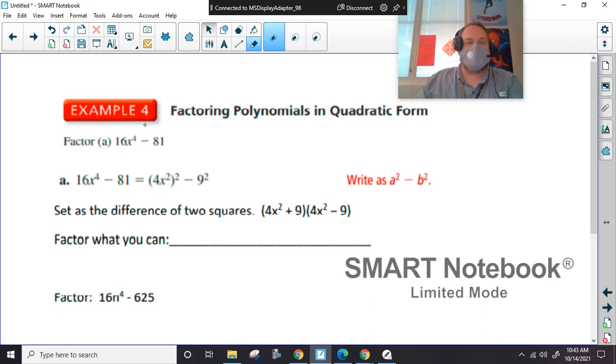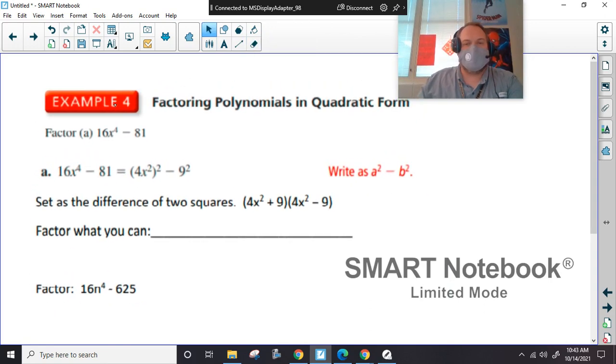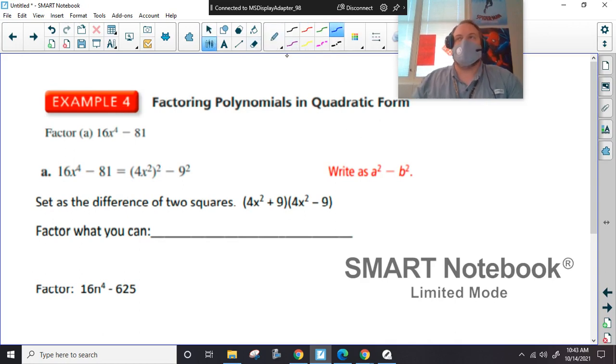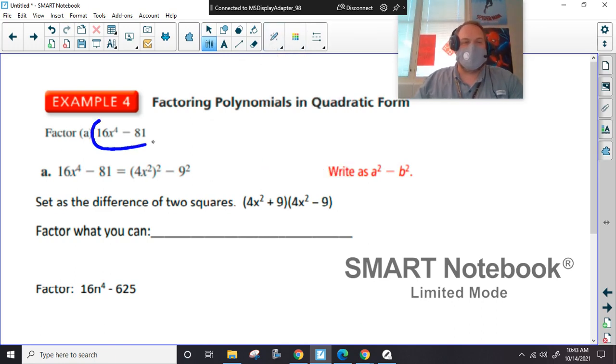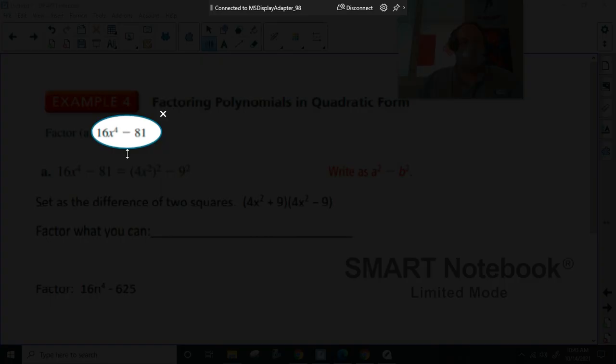Now we have a different example. This is basically taking something to the fourth power and acting like we're squaring it. If we look at our original problem right here, we have this.